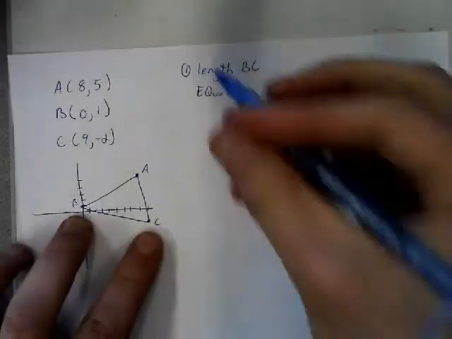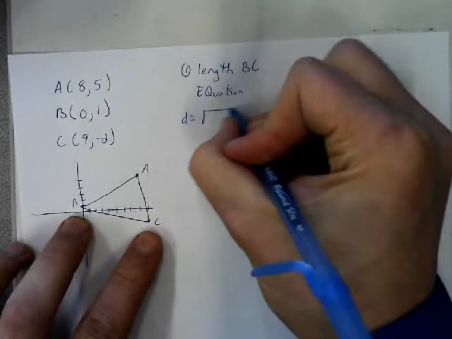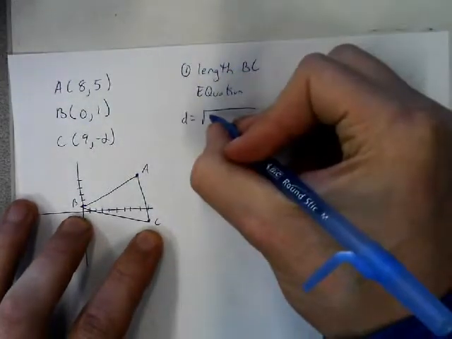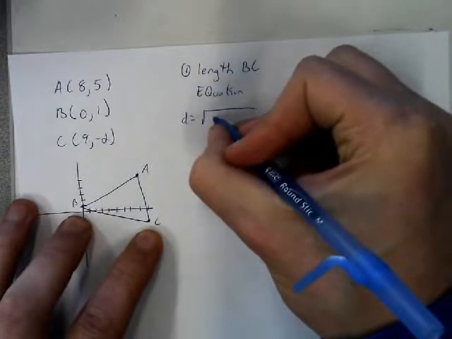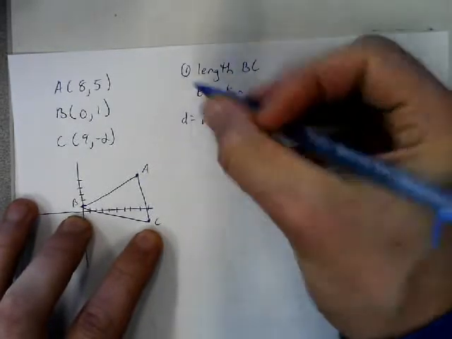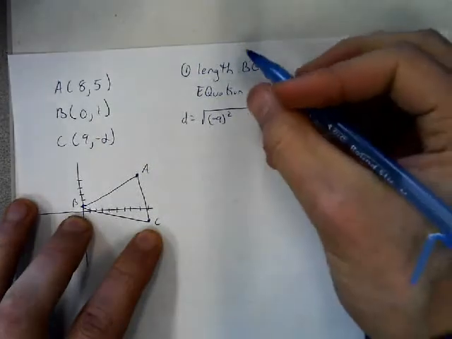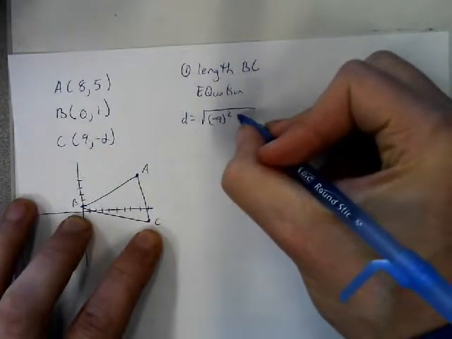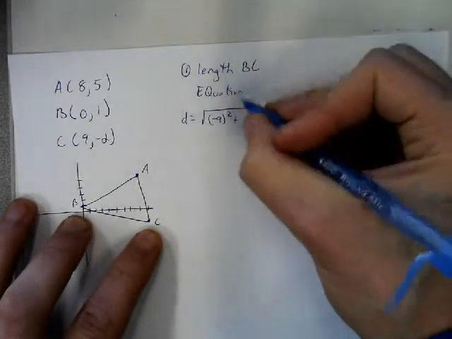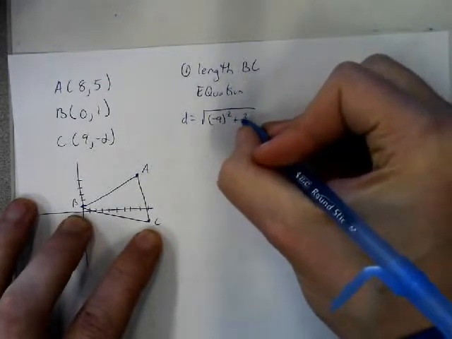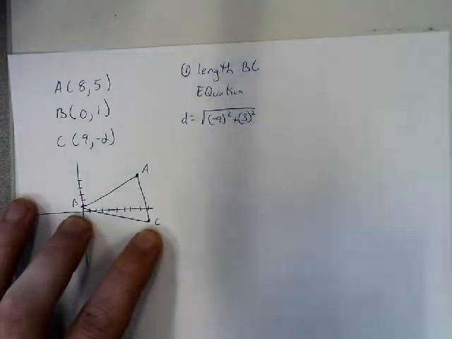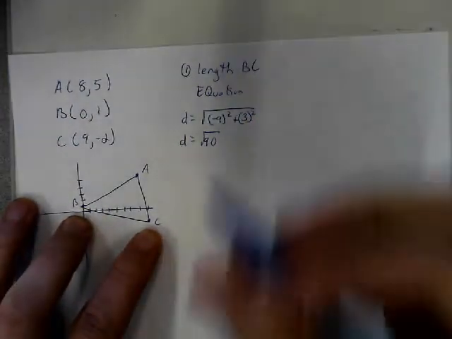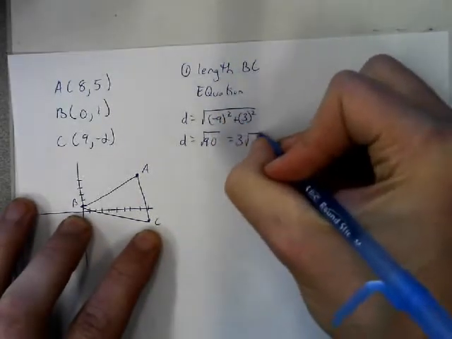So from B to C, we have the square root of the x's, the difference of the x's, so 0 minus 9, which is 9. The difference of the y's, 1 minus negative 2 is 3. So therefore we have the distance is equal to the square root of 90, which is 3 root 10.